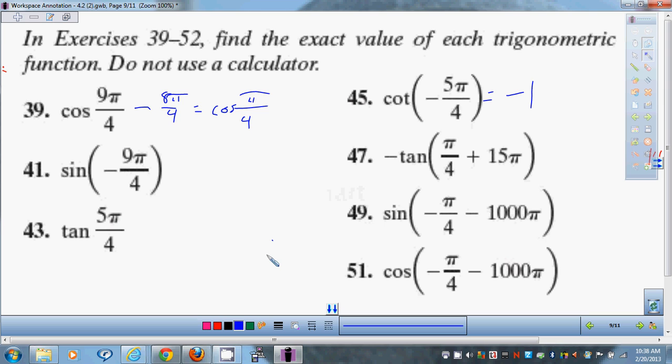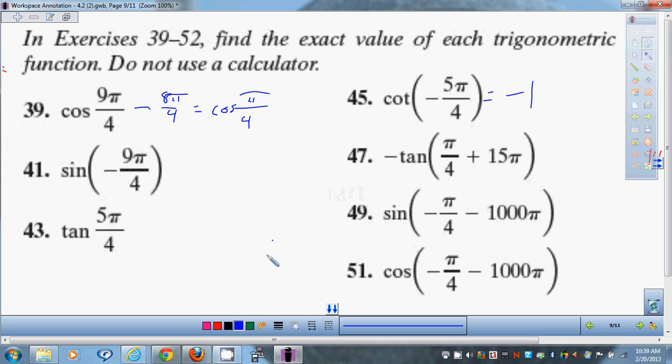So this whole thing is just sine of negative pi over 4. What's that, square root of 3 over 2? Someone want to verify that for me? No, negative pi over 2. That's what this pi is. Very good. Negative radical 2 over 2. So if you ever see plus or minus an even number of pi, even if it goes up to a trillion, it doesn't matter. It's not going to change your angle.